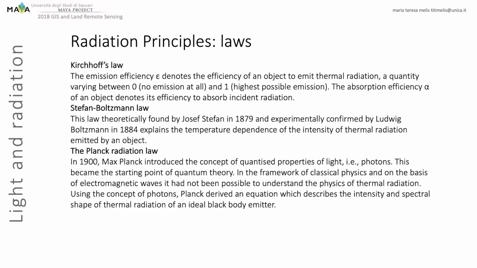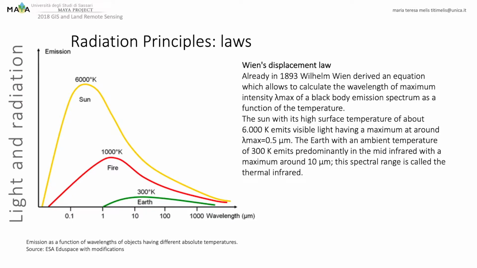Here I put only 2 slides on the laws that are the basis of the radiation principles, that are Kirchhoff's law, the Stefan-Boltzmann law, the Planck radiation law, and finally the Wien displacement law.